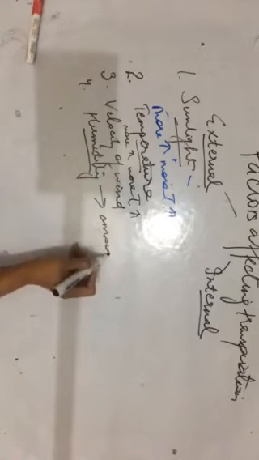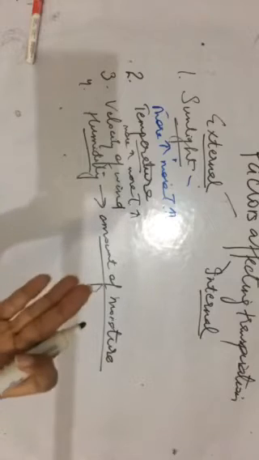Alright. Fourth factor is humidity. Humidity means the amount of moisture present in the air. So if there are already many water molecules outside, it will not be possible for the plant to send the water molecules which are inside towards the atmosphere, because there are already many water vapors present in the atmosphere, right?